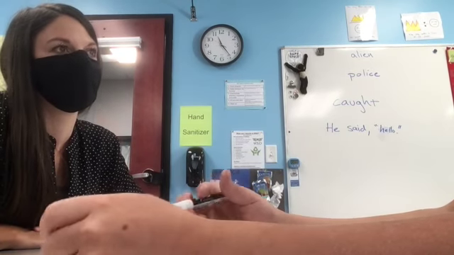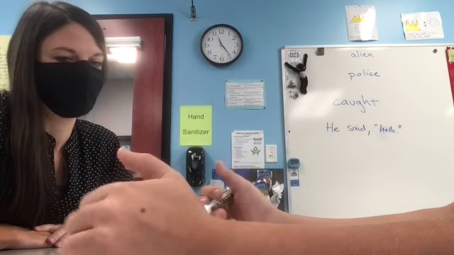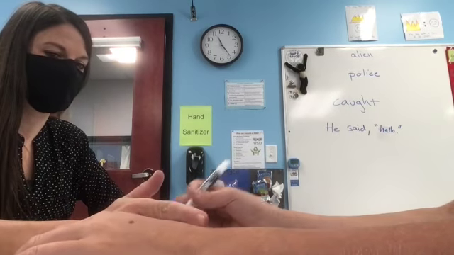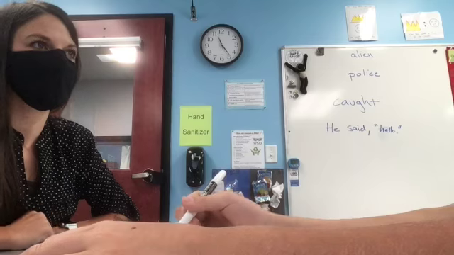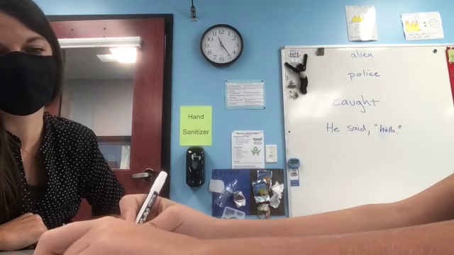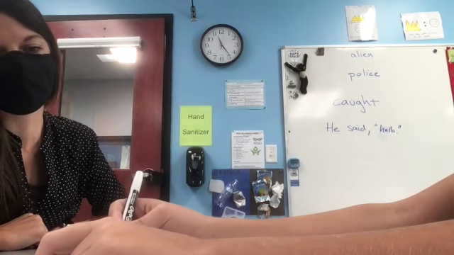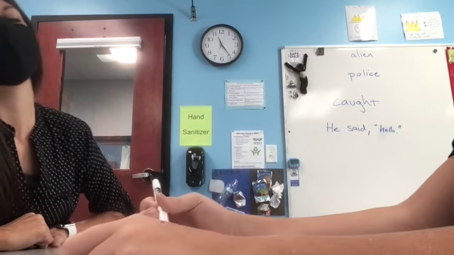What's the problem? 96 minus 27. Okay, for the ones column right here, can you do 6 minus 7? No. Okay, what do you have to do? Take 1 from the 9, down to 8. Where does that 1 go? To the 6.